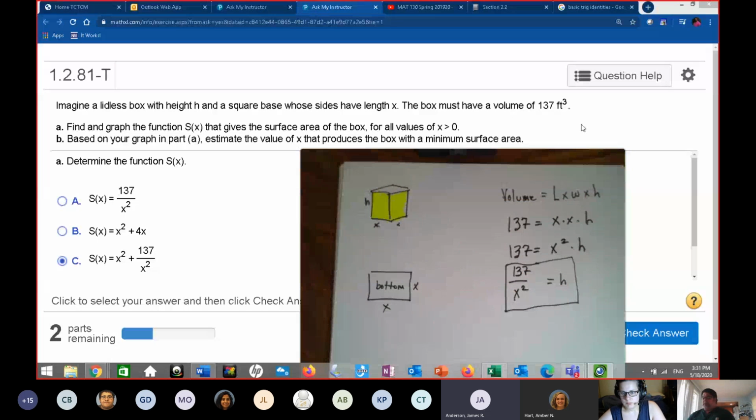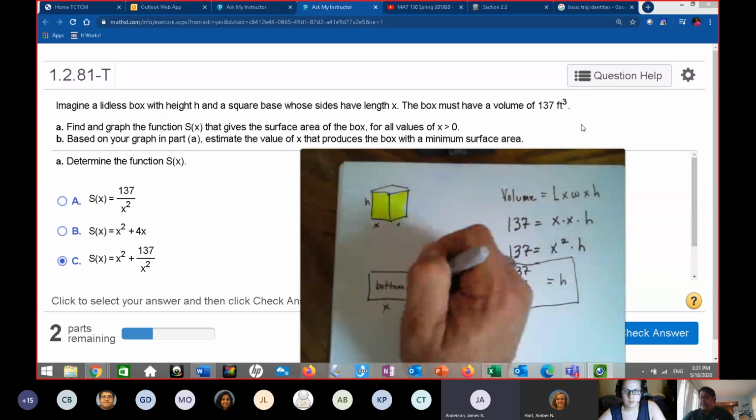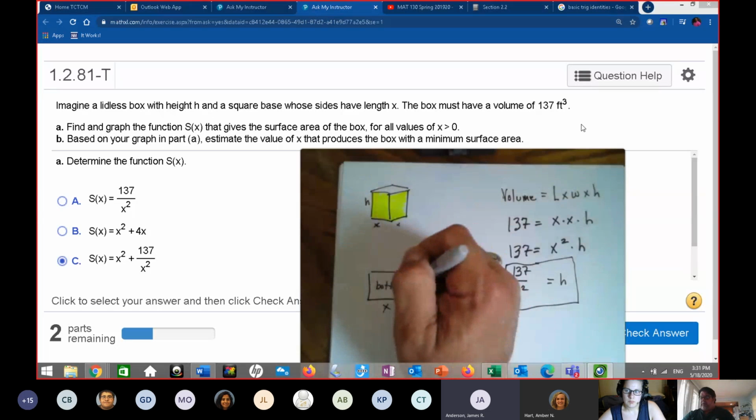So write that down. Now we're going to do the surface area of the whole thing, because that's what it's asking for. It's asking for the surface area. So the surface area of this guy is equal to length times width of the bottom plus base times height of the sides, right?